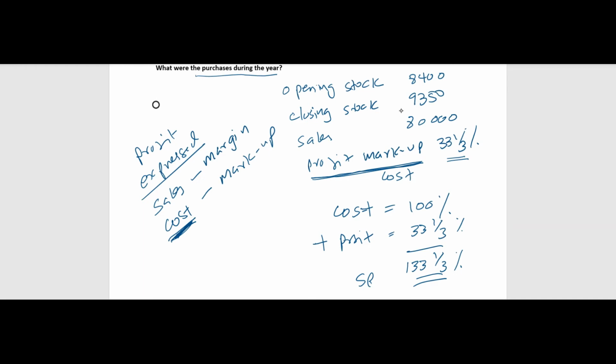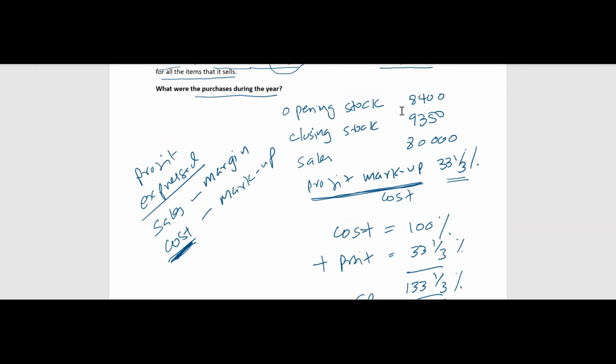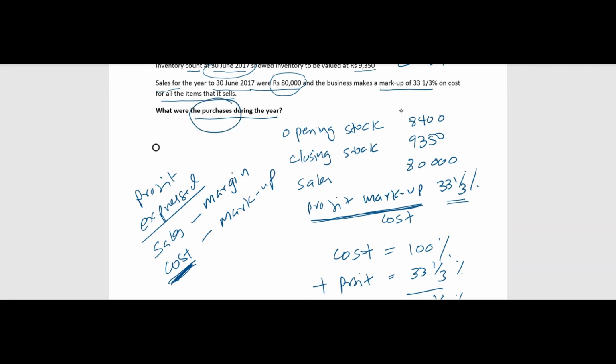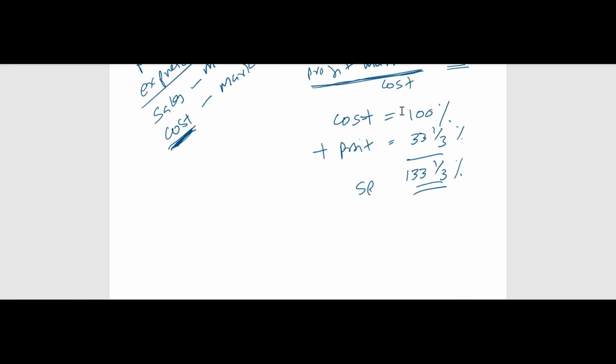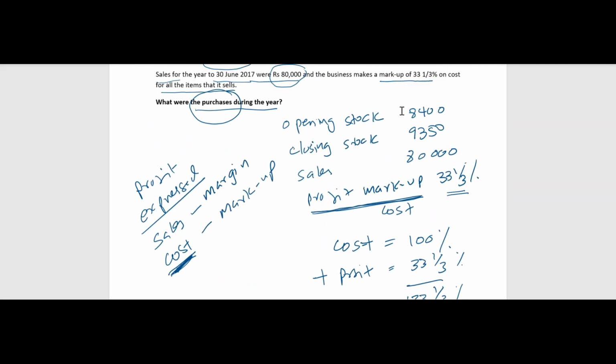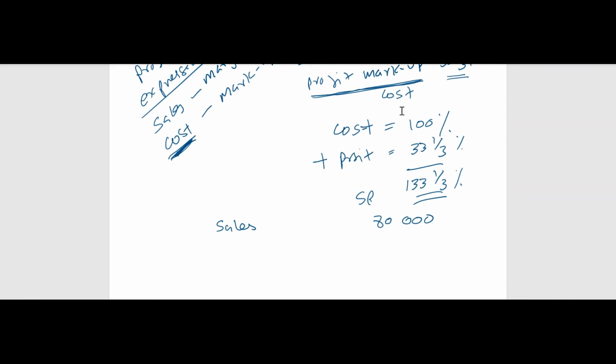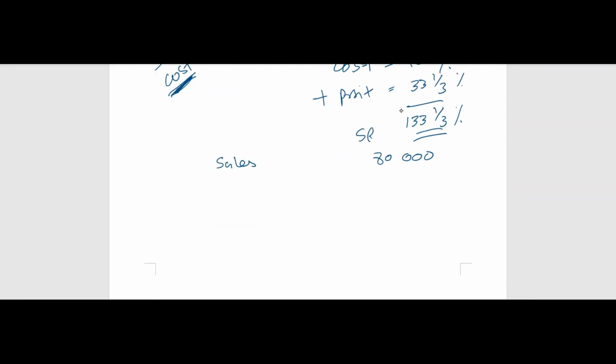Now, in order to identify the purchases, you know how to calculate cost of sales. You have the sales, 80,000, and then you deduct the cost of sales.